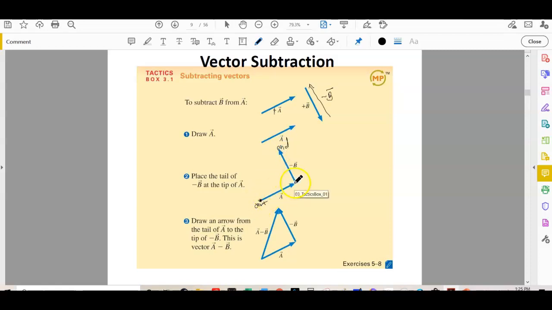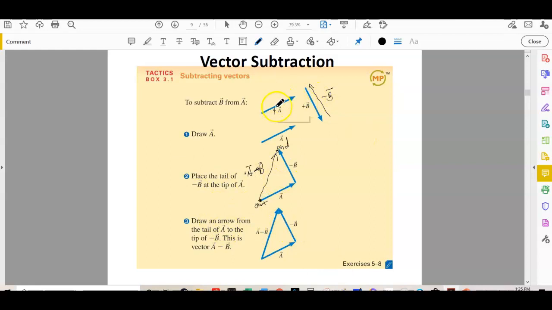You walked up and to the right, up and to the left, ended here. So the resultant vector always goes from start to finish. And so this is the addition of A and negative B. So this would be the A plus negative B vector addition. There you go. And so that's what they're showing.